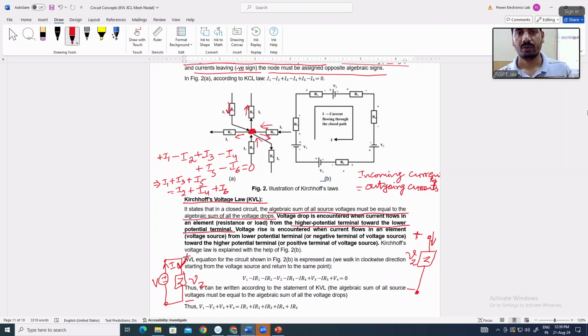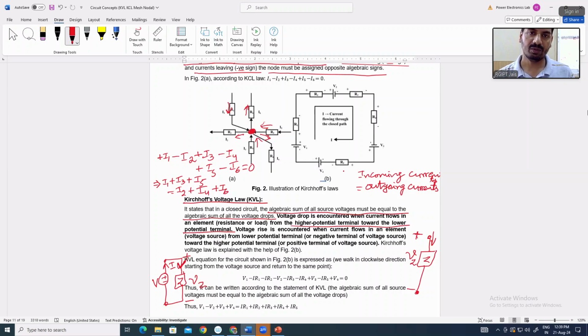So while applying KVL, we have to calculate the voltage drop across elements, and we have to take the algebraic sum of voltages of the sources also. Here, if you apply KVL, we can start at any point.